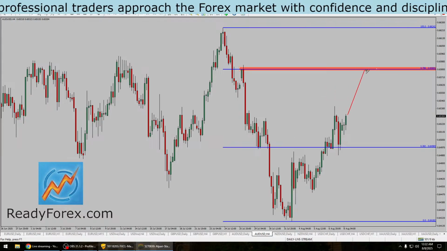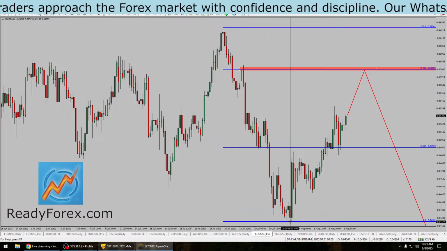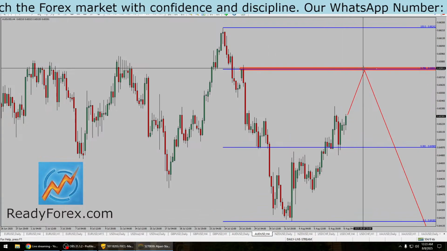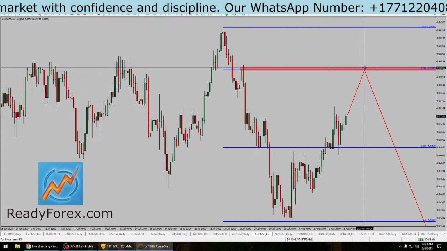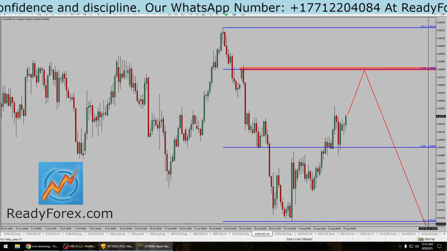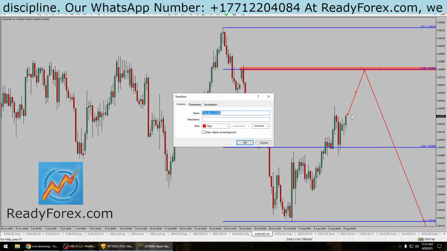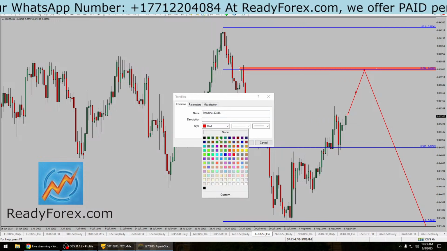So here's the forecast in terms of Elliott wave. The first leg is known as wave A over here, and then this is going to be wave B. After wave B, expect a top and a drop, which is going to be wave C. In my humble opinion, it's probably a zigzag corrective Elliott wave pattern.